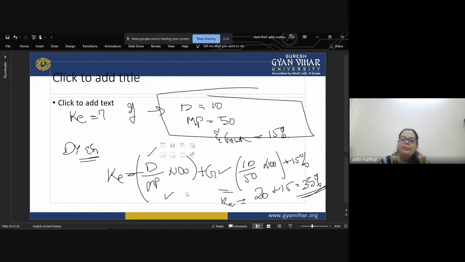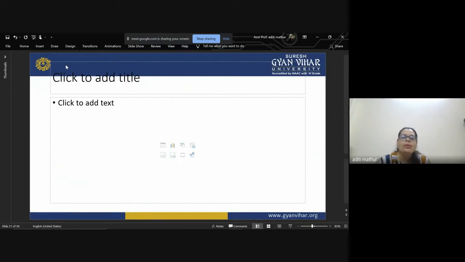Now let us do one more question. Calculate KE if Rf is equal to 7%, beta of the company is 1, and expected Rm is 3%.